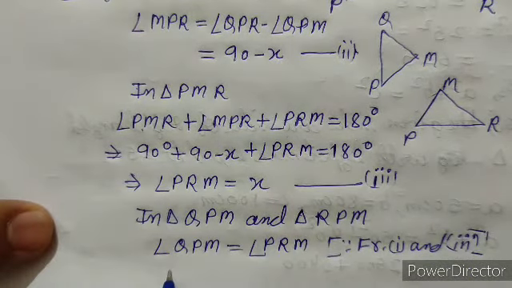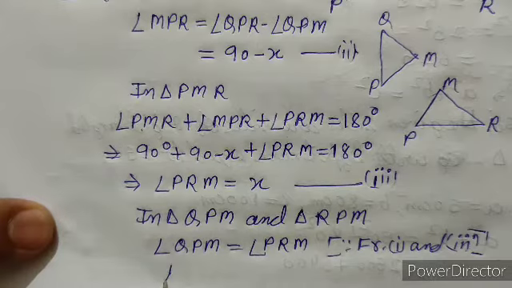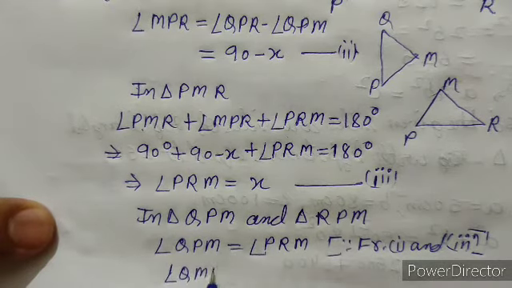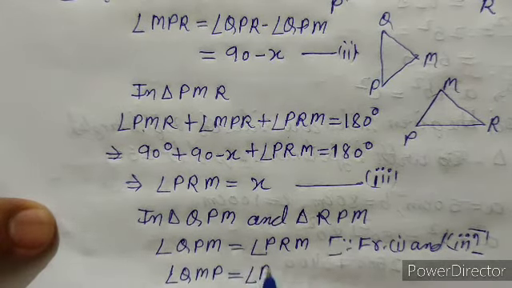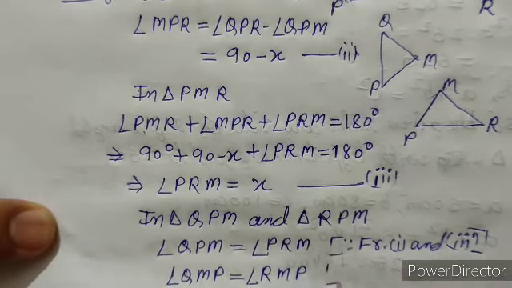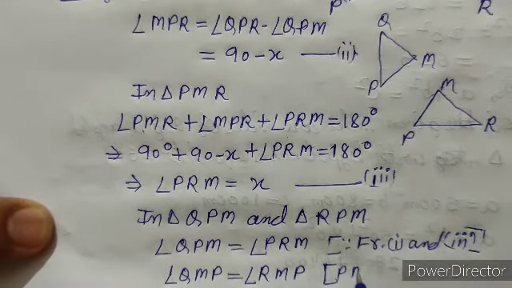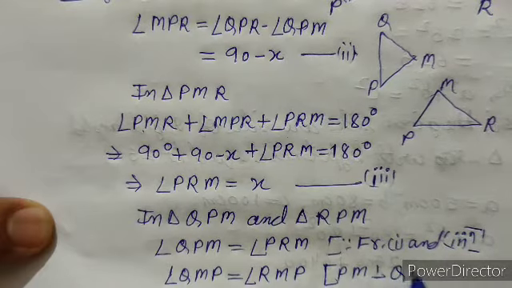Now angle QMP is equal to angle RMP, as PM is perpendicular to QR.